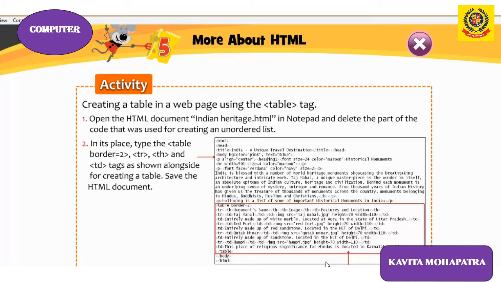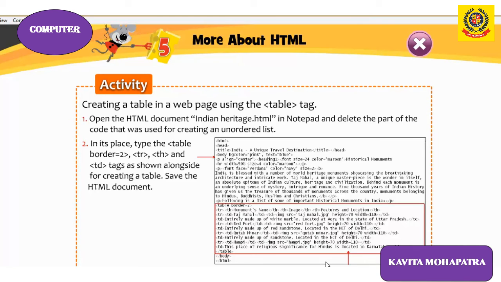Open Notepad, then the document India Heritage, and delete the part of the code that was created for the unordered list. In its place, write table border equal to 2, and the th tags also. It is written here: table border equal to 2, then th.